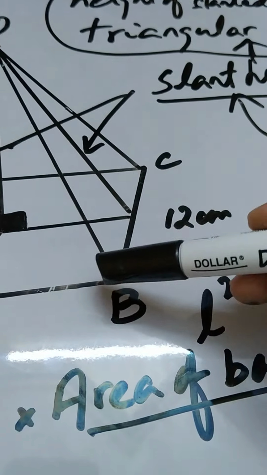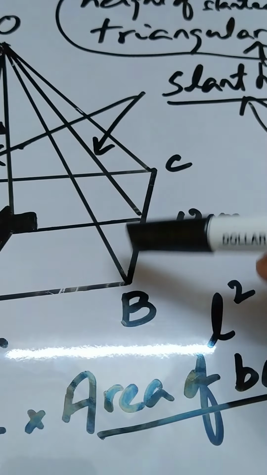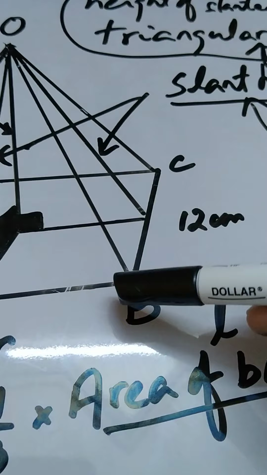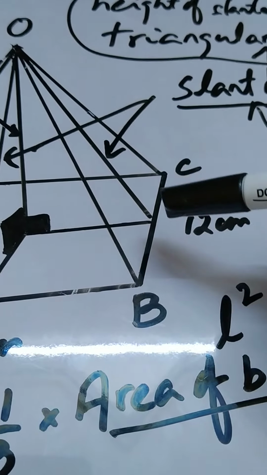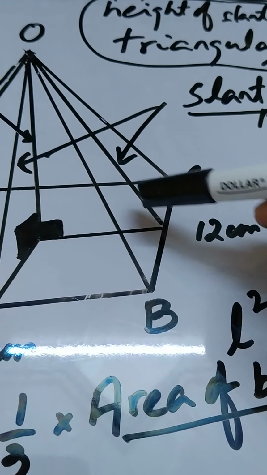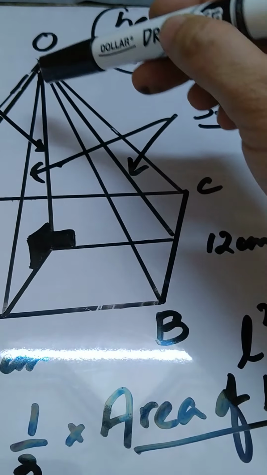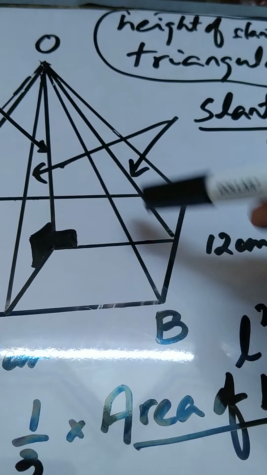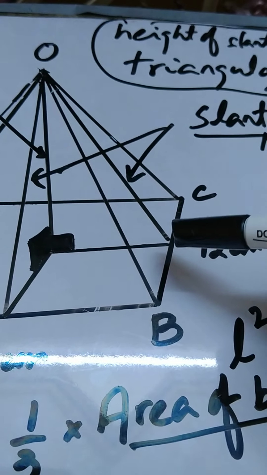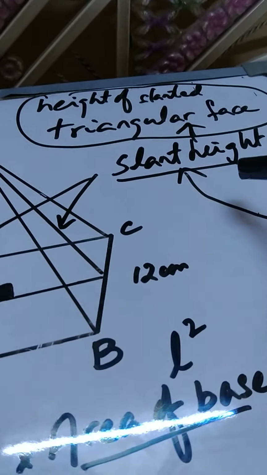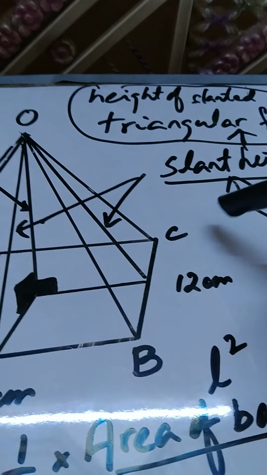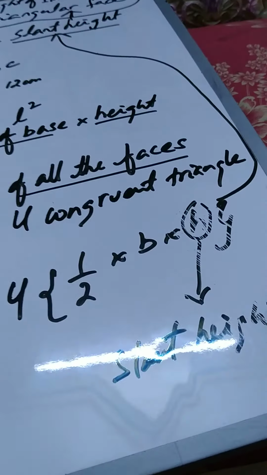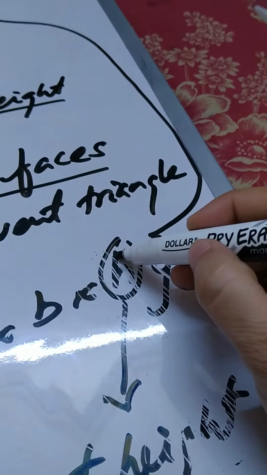The length of the square is the base of the triangle, because the base is exactly joined with the side of the square. This is called the height of the triangle. This height of the slanted triangular face is called the slant height of the pyramid. We will use this slant height in the total surface area when calculating the total surface area of the pyramid.